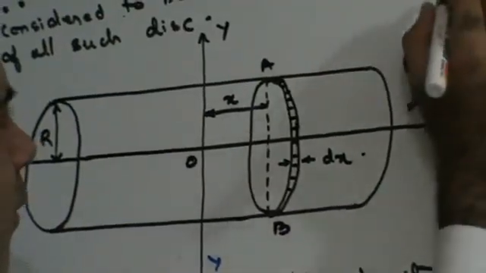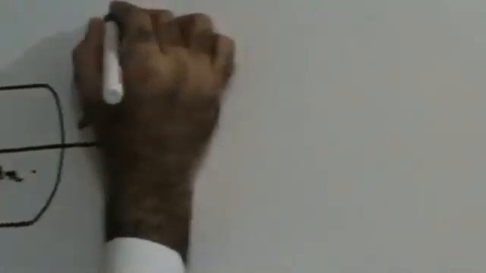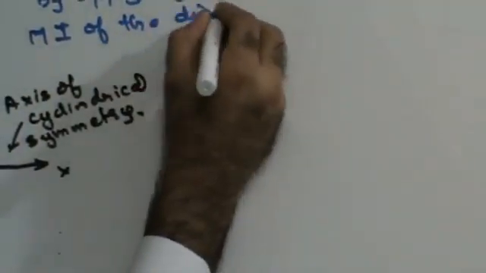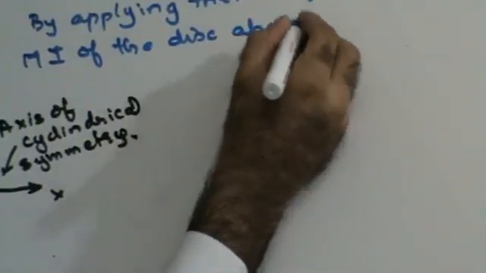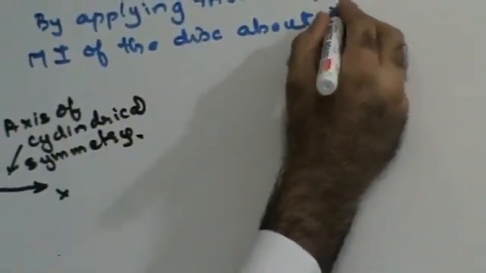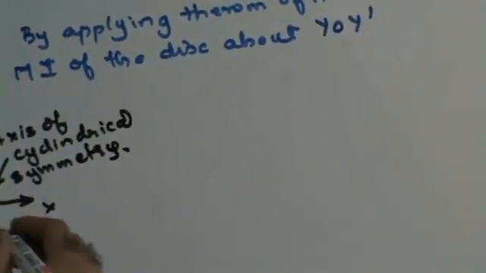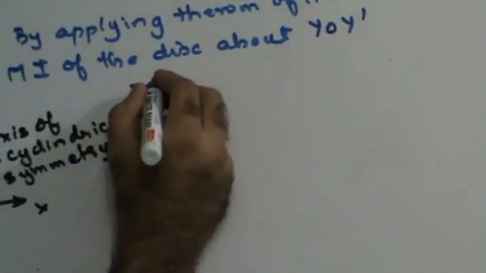So, by applying theorem of parallel axis, moment of inertia of the disk about y-o y-bar will be nothing but I-O is equal to IC plus M R square.